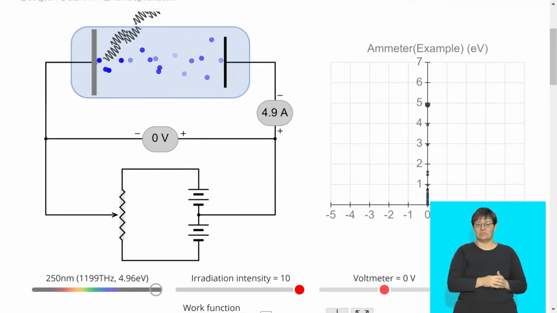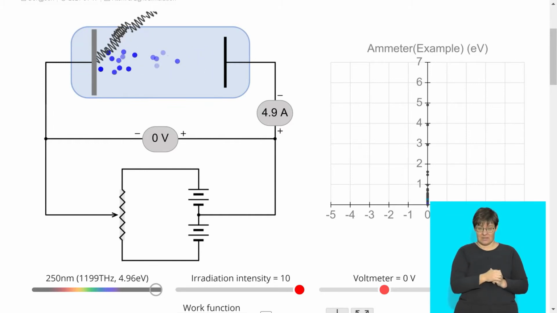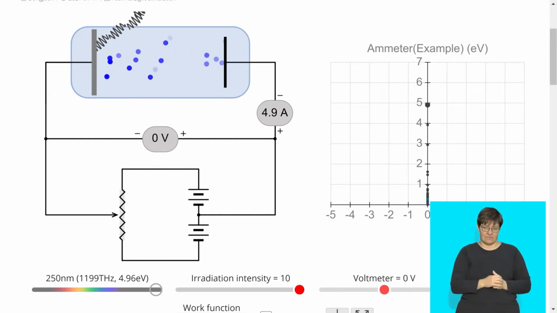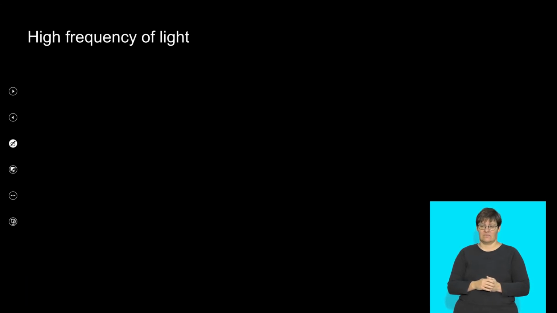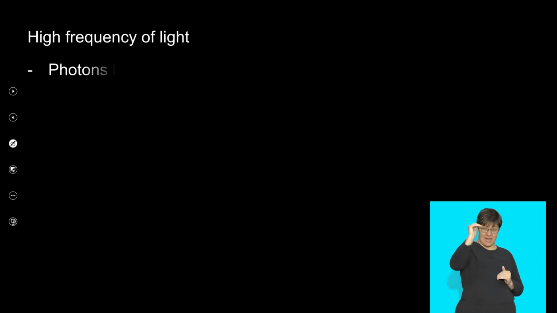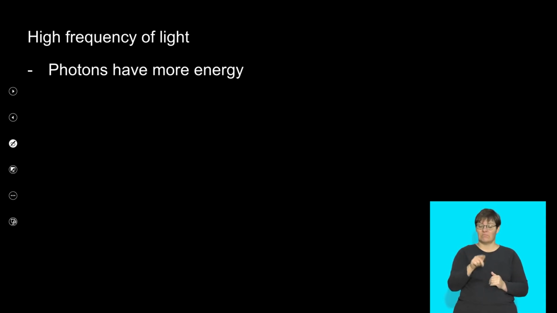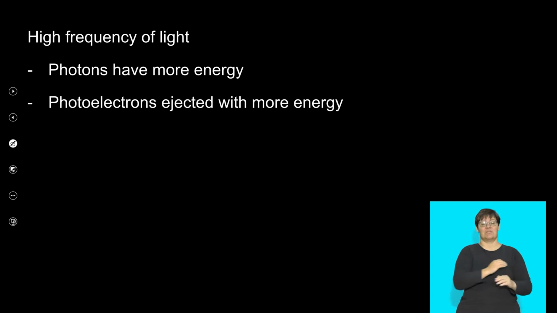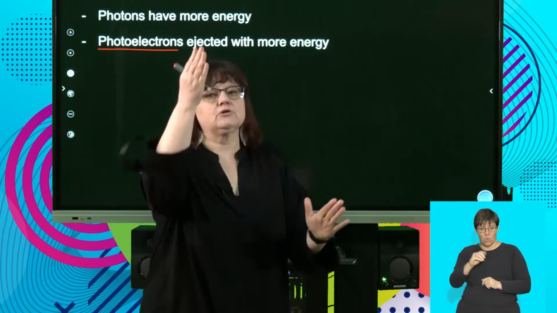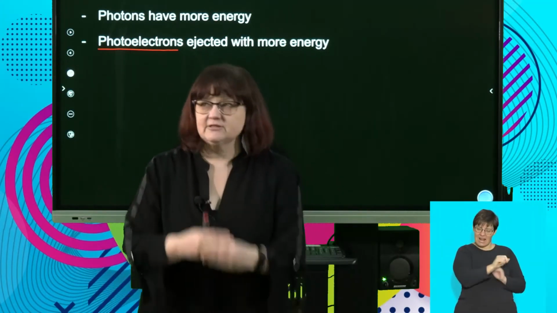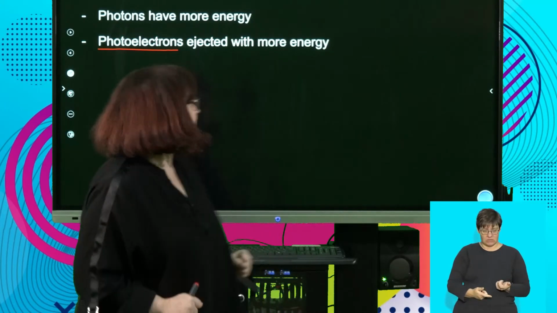We need to take what we've seen here and look at it in terms of the equation, okay? So let's go back here. When there's a high frequency of light, the photons have more energy. That's what we just looked at. The photoelectrons, now don't get upset about that word. I've just spoken about electrons. They're still electrons. We just call them photoelectrons because a photon kicked them out. They haven't changed being electrons.